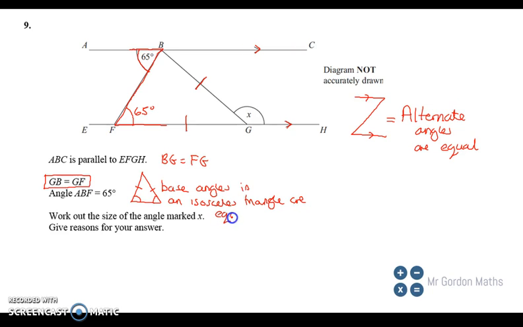Okay, so this is another good rule that we can use, because we're asked to give reasons about why our x value is what it is. So we're already sort of discovering the reasons that we need to state if we use them. So base angles, I've turned the triangle up so that the base angles are on the bottom, but the base angles in the diagram are here and here.